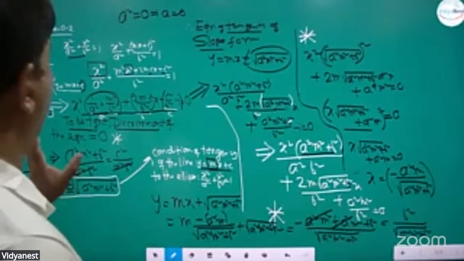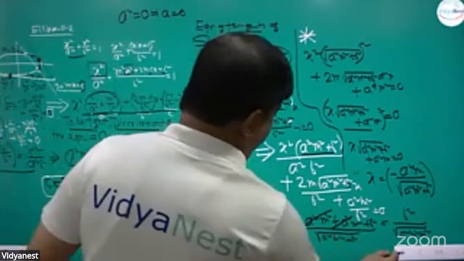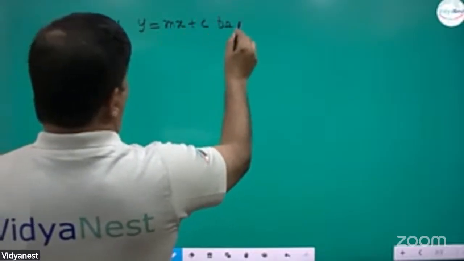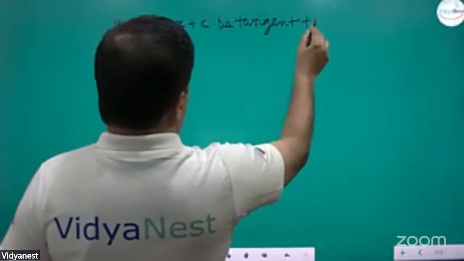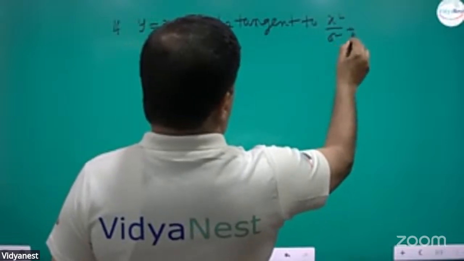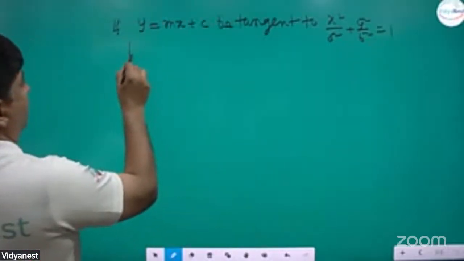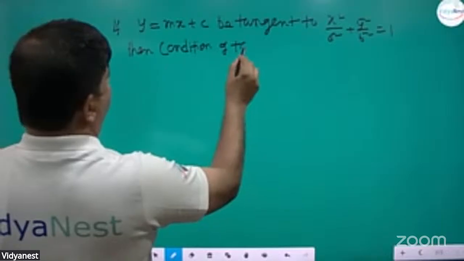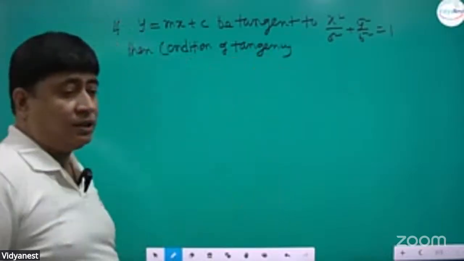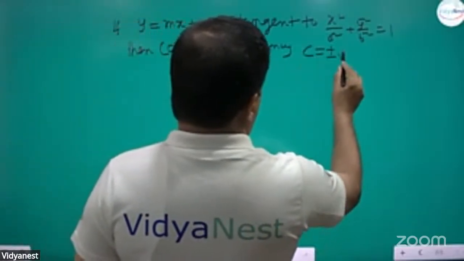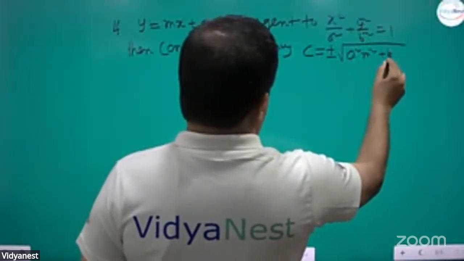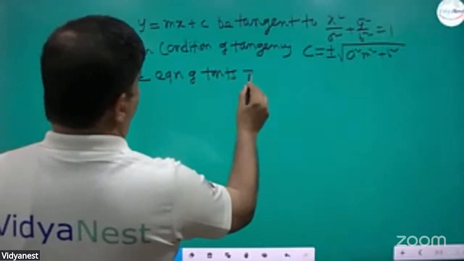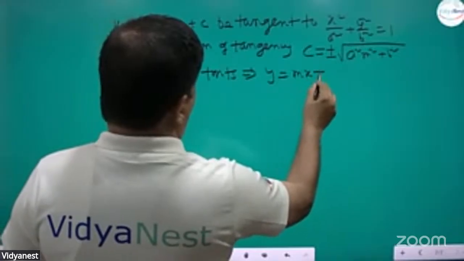So what conclusion can I draw? That if y is equal to mx plus c be tangent to x square by a square, y square by b square is equal to 1, then the condition of tangency: we have got c is equal to plus minus root a square m square plus b square, and the equation of tangents is y is equal to mx plus minus c.